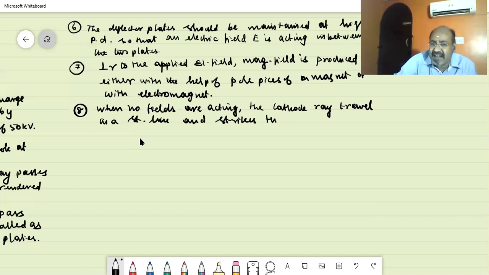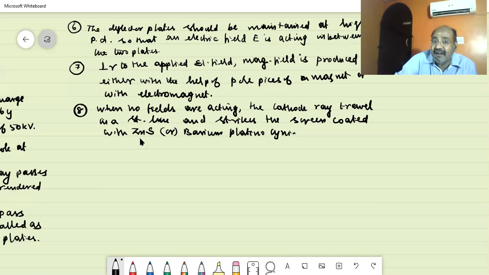the screen coated with zinc sulfide or barium platinocyanide, which acts as a fluorescent screen.